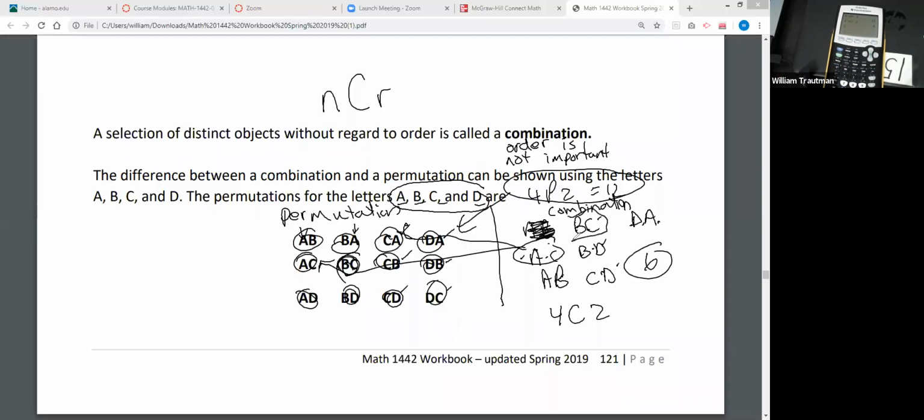We have 6: 1, 2, 3, 4, 5, 6. For permutation, there are 12 because the order matters, who comes first and who's second. For combination, it doesn't matter who's first or who's second. So that's kind of important.